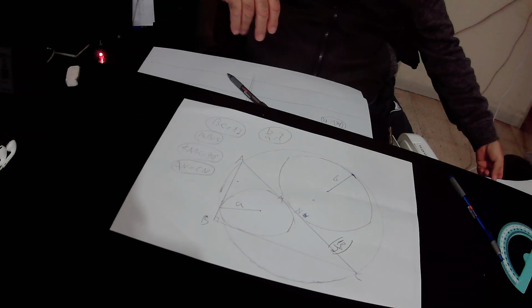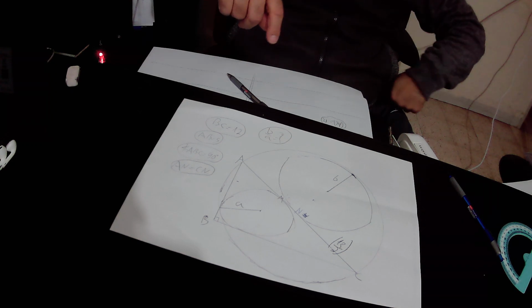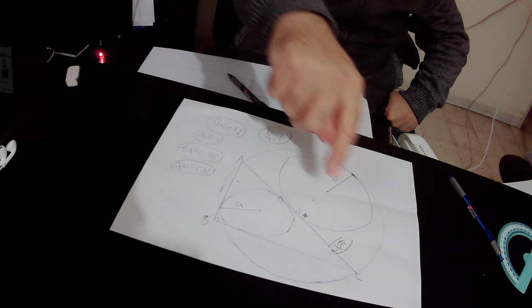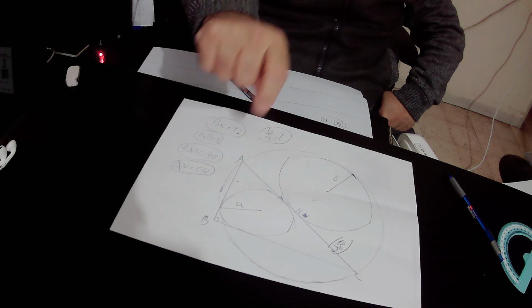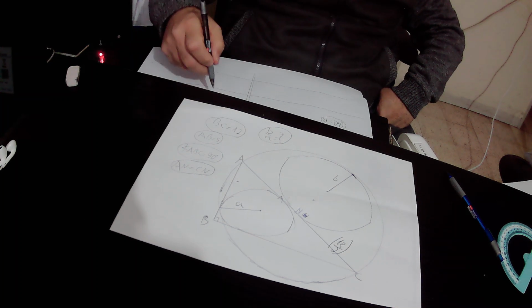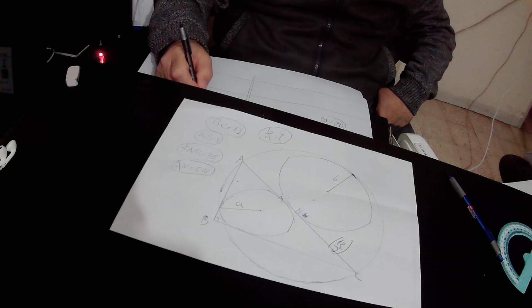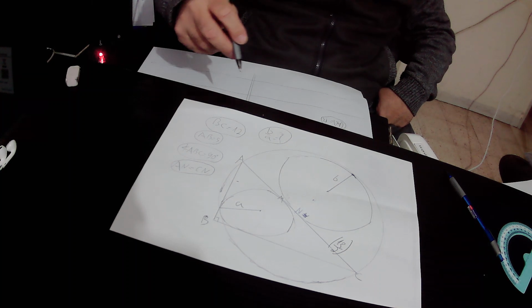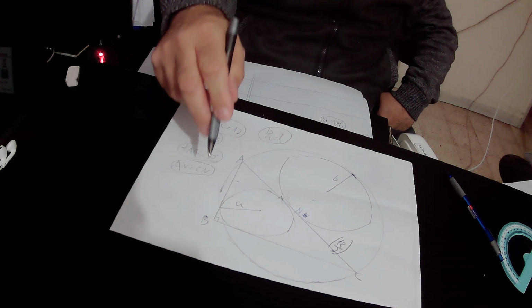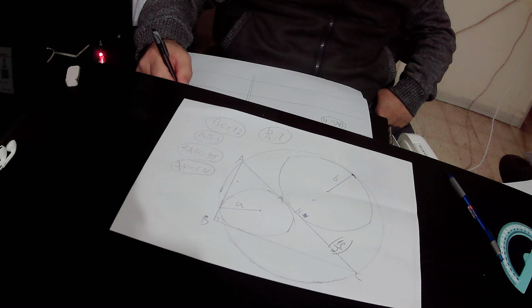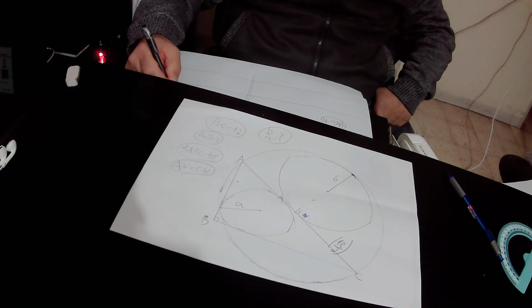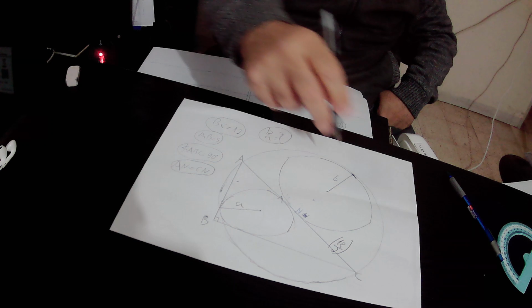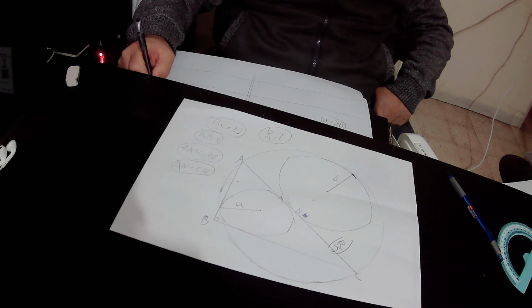In our drawing, we have the right triangle ABC that blocks this circle, and the radius of this circle is A. According to rule number 8, the value of A will be equal to AB plus BC minus AC over 2.